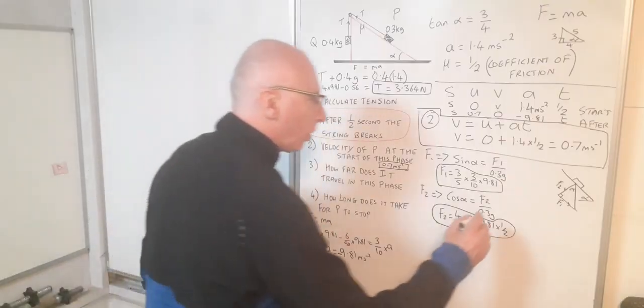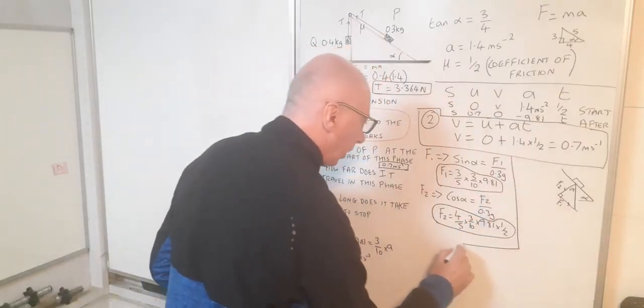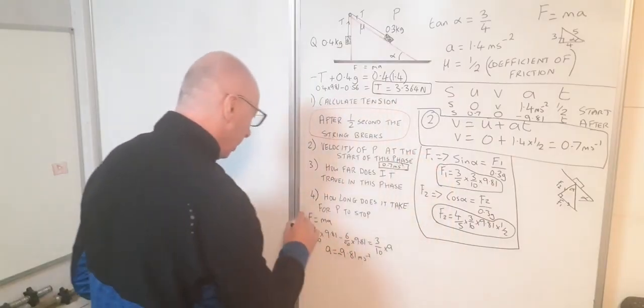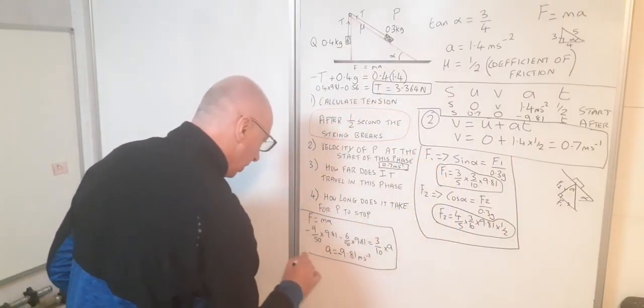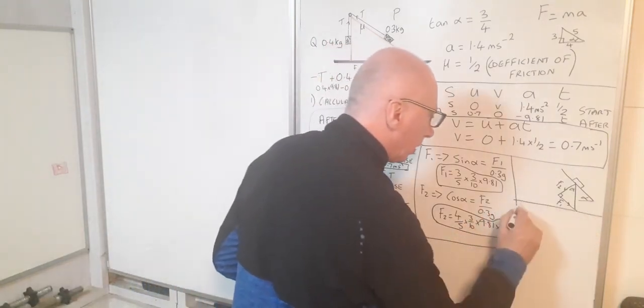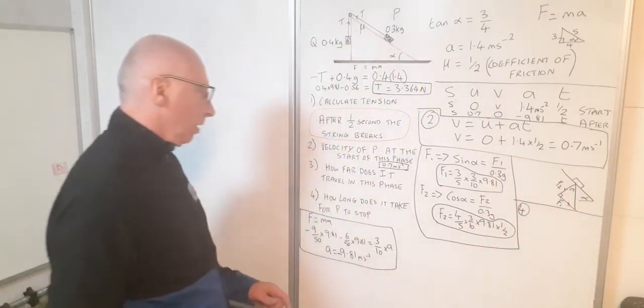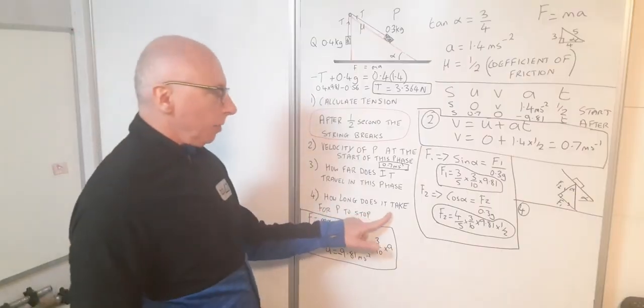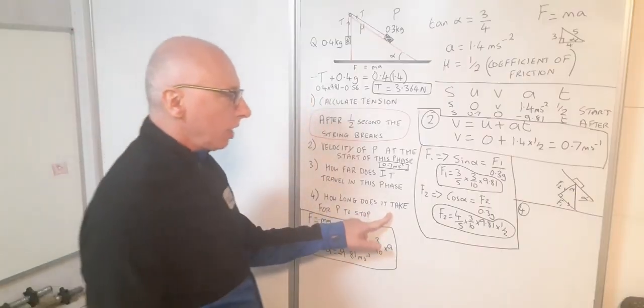So part 4. So let's just put a line into there. That's those bits taken care of. And these bits taken care of. So let's have a look at part 4. So how long does it take to stop? Well, V equals U plus AT is what we used before.